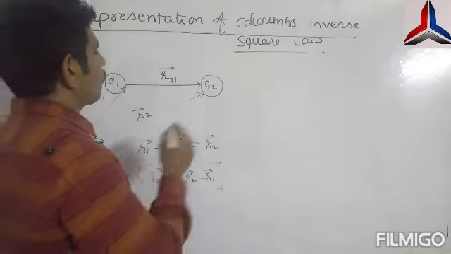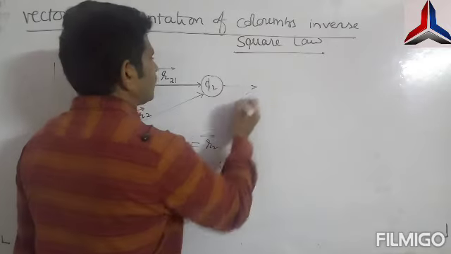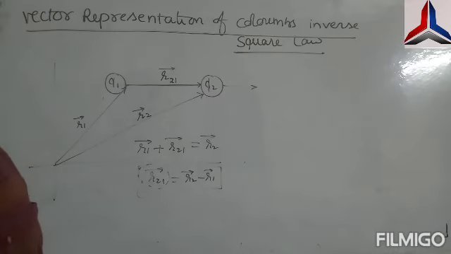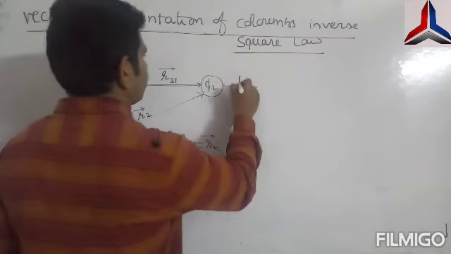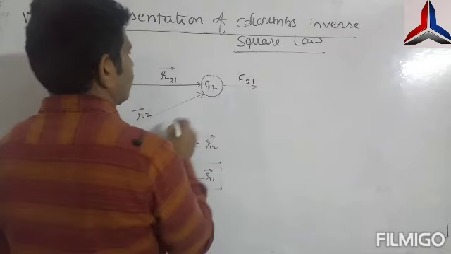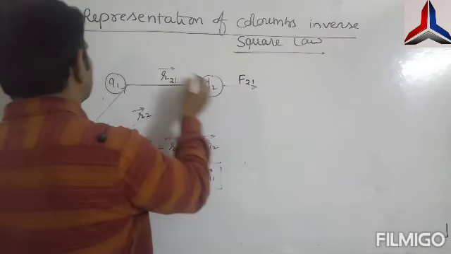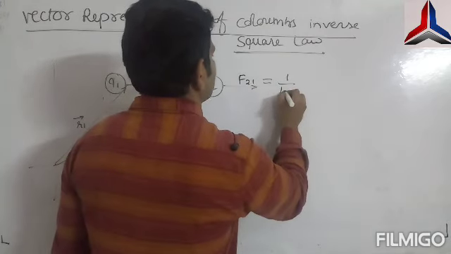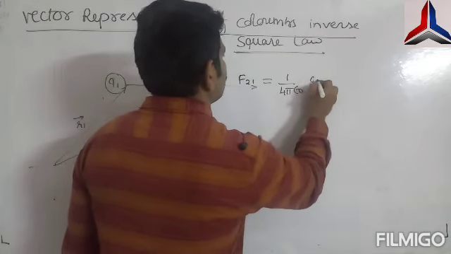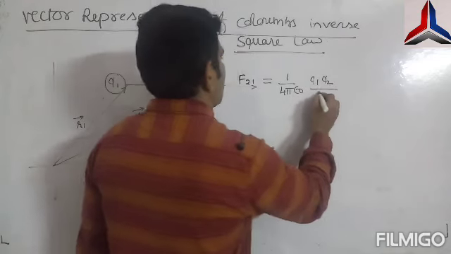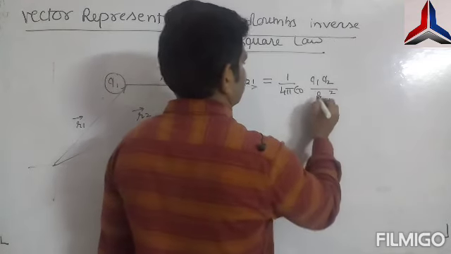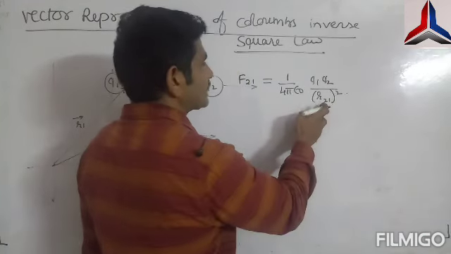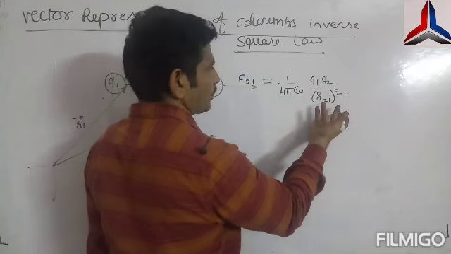Understand? So what is the force on the second charge? That we can write as F21. Force on the second charge due to the first charge, F21 bar. So that can be written as 1 by 4 pi epsilon naught Q1 Q2 by r21 square. So this is the magnitude.